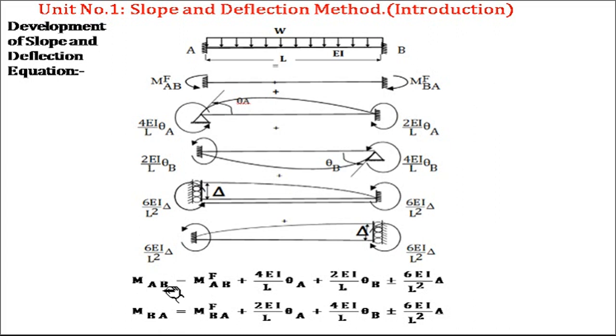MAB, that is the moment in member AB, is equal to the fixed moment in member AB, that is MFAB, plus 4EI upon L theta A plus 2EI upon L theta B plus or minus 6EI upon L square delta. Then the moment in member BA is MFBA plus 2EI upon L theta A plus 4EI upon L theta B plus or minus 6EI upon L square delta.